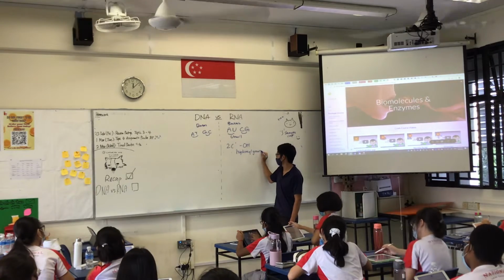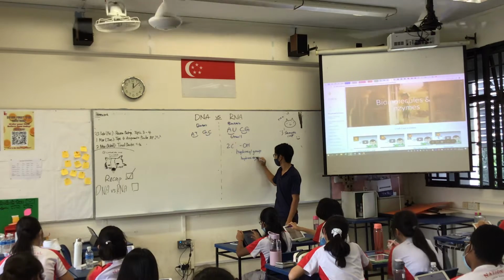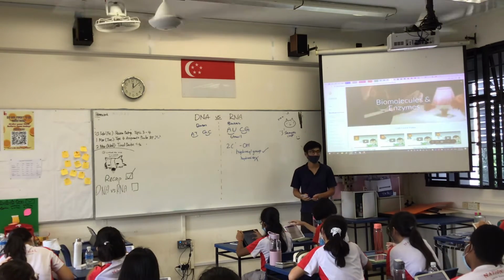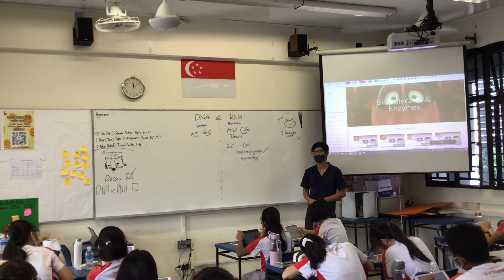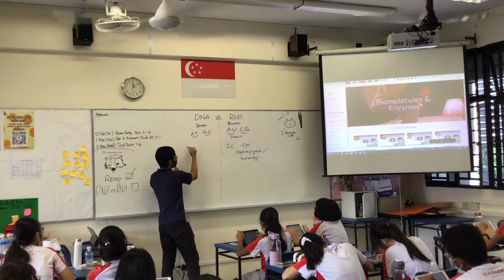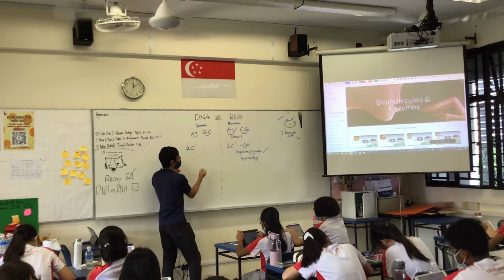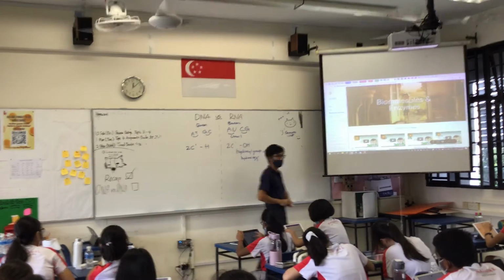It is not a hydroxide group. Okay, it's a hydroxyl group. And in the case of DNA, when you look at the sugar, carbon number 2, it bonds with a hydrogen instead. Okay, so that's one of the differences.